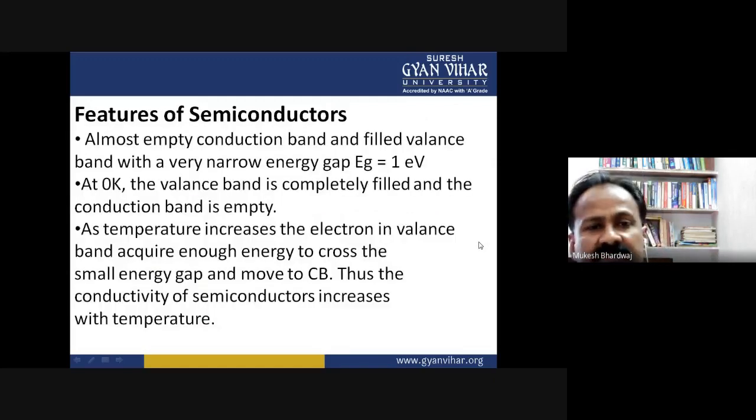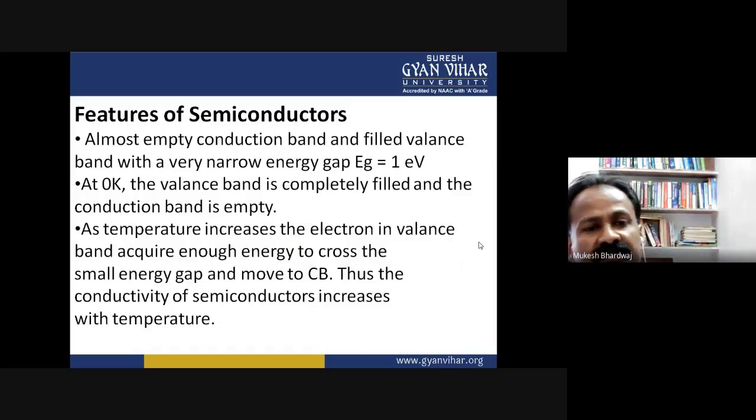Features of semiconductors: an almost empty conduction band and a filled valence band with a very narrow energy gap. That is, the energy gap is almost equal to 1 electron volt, and we have seen the energy gap in insulators is between 5 to 10 electron volts. So the difference is very large.